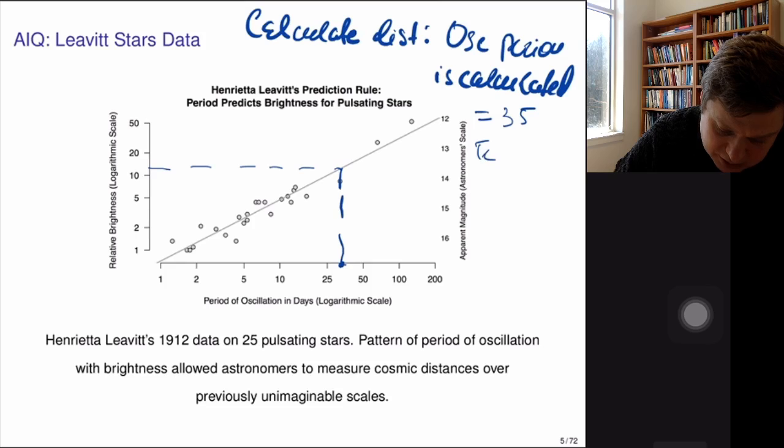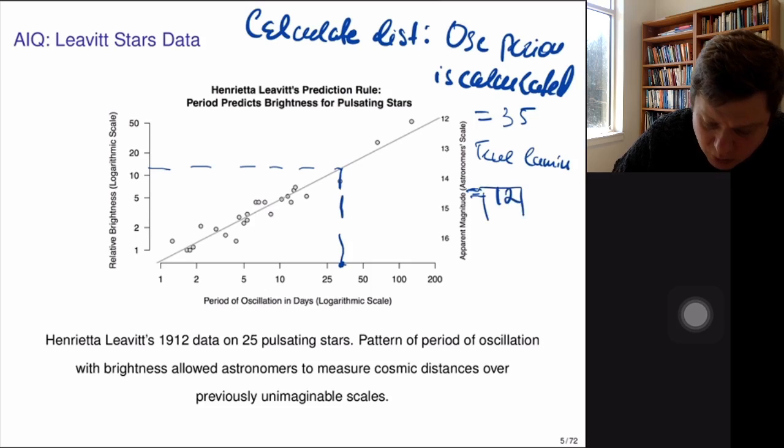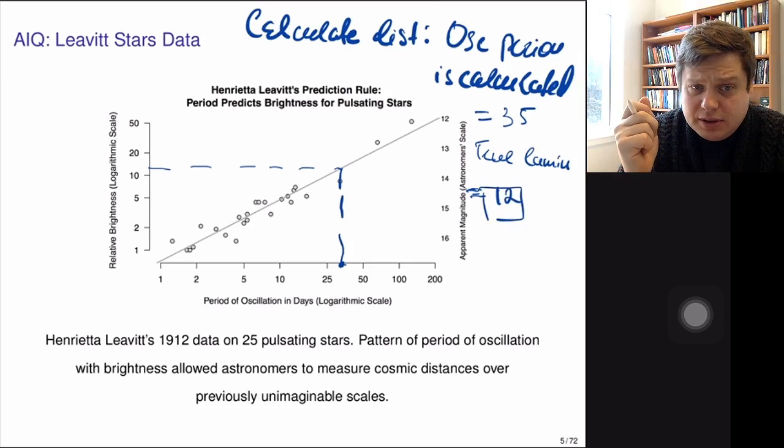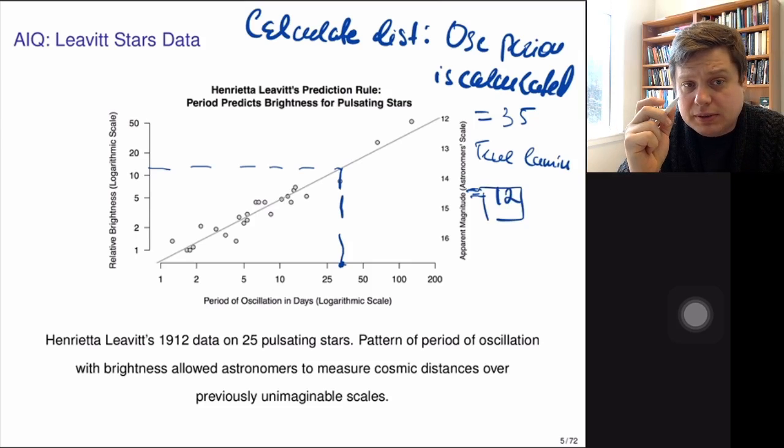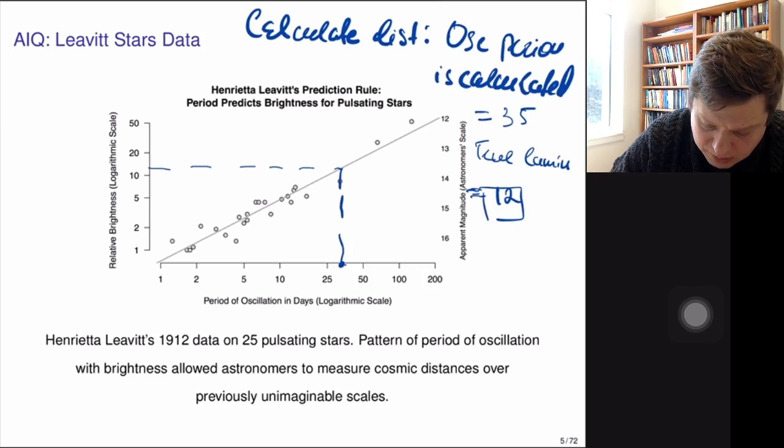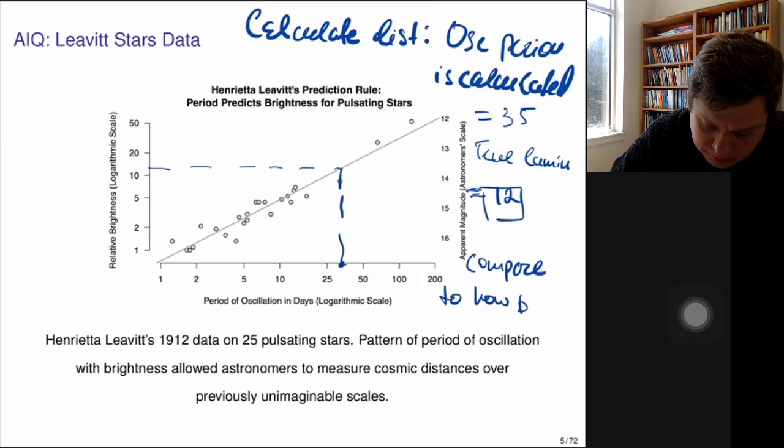Then the true luminosity, or brightness, of this object is roughly 12. And once you know the true brightness of the object, you can compare it to how bright it appears from Earth.